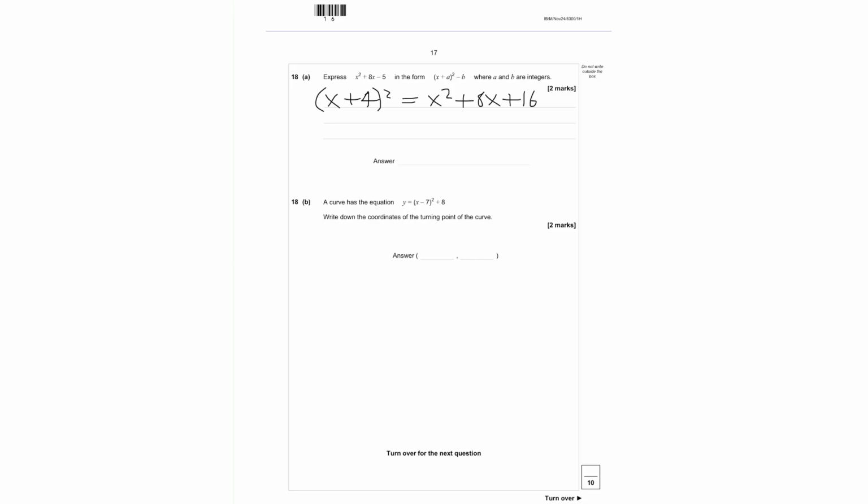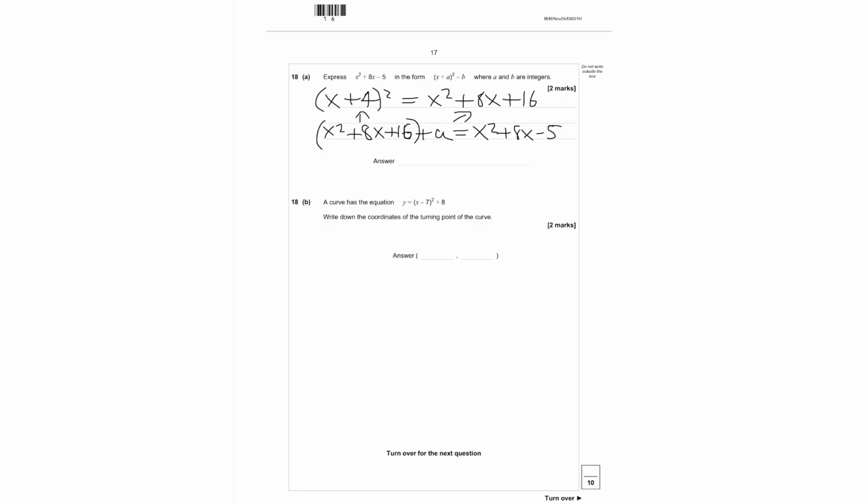So the easiest way to do this, we have x squared plus 8x plus 16, and let's have this term on the end, call it whatever you want, let's call it a, plus a equals x squared plus 8x minus 5. And we want to work out what this a term is, because if you remember, this is the same as that. So we just want to know what goes on the end of that for it to be the same as this.